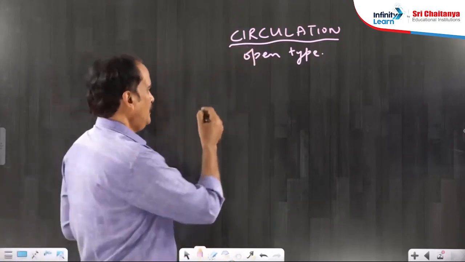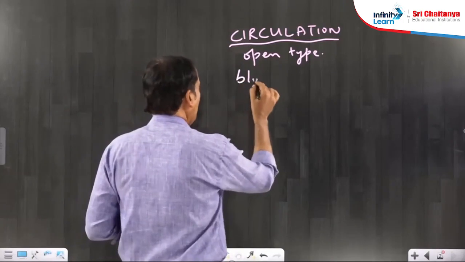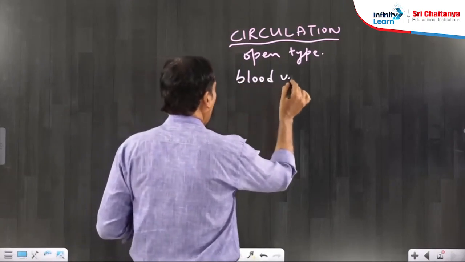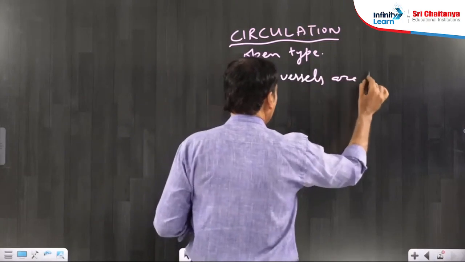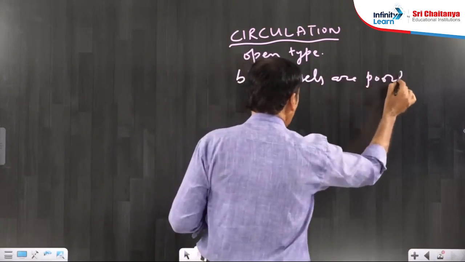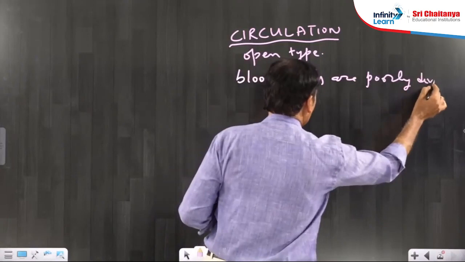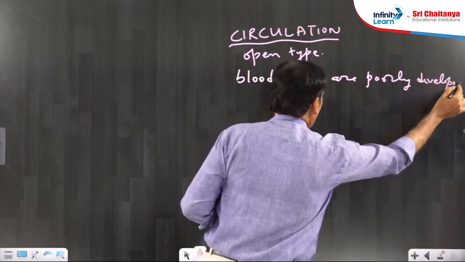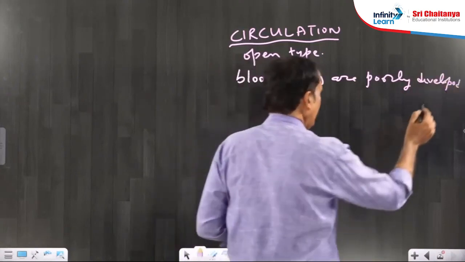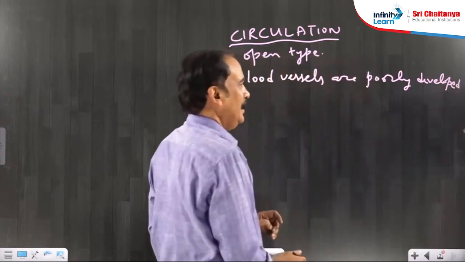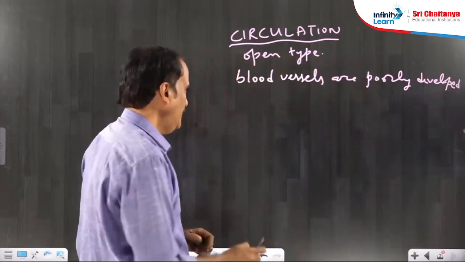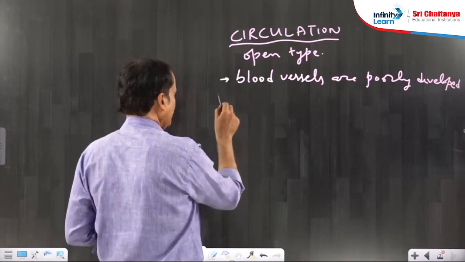In case of cockroach, we say blood vessels are poorly developed. Absence of blood vessels is not the definition for open type. Blood vessels may be present, but they are not well developed, and blood comes out into open spaces.